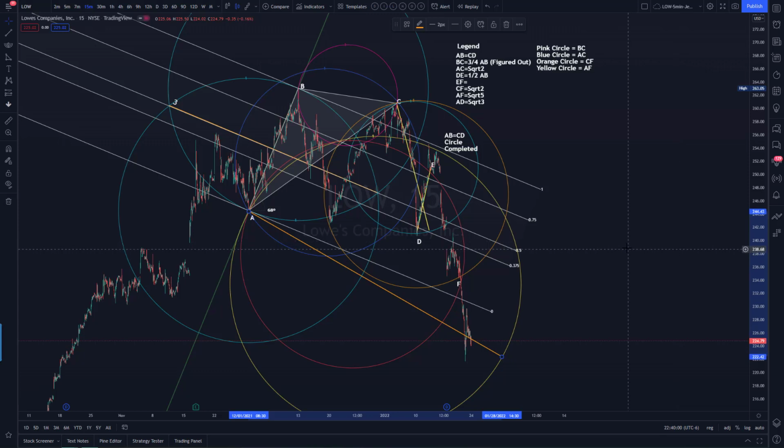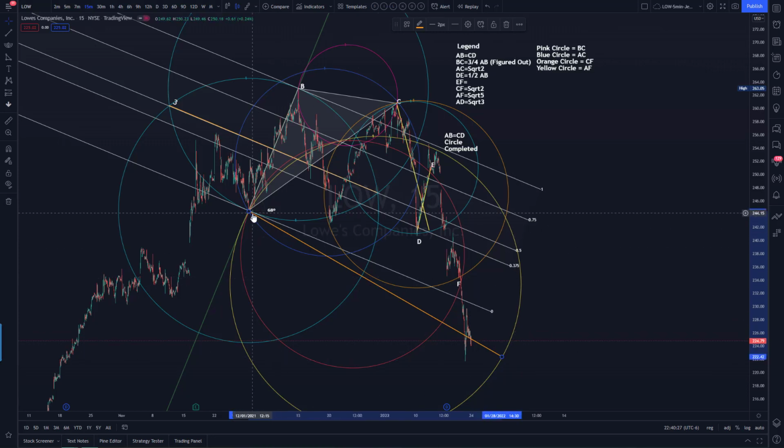Hopefully this was helpful. I'm going to make some more charts and try to talk through it as I go. I'm going to try to figure out maybe some kind of formula for EF or some way to tell how that's supposed to fit. I'm going to look at a few other charts, and if I can figure that out, that would help solve where it should go distance-wise.